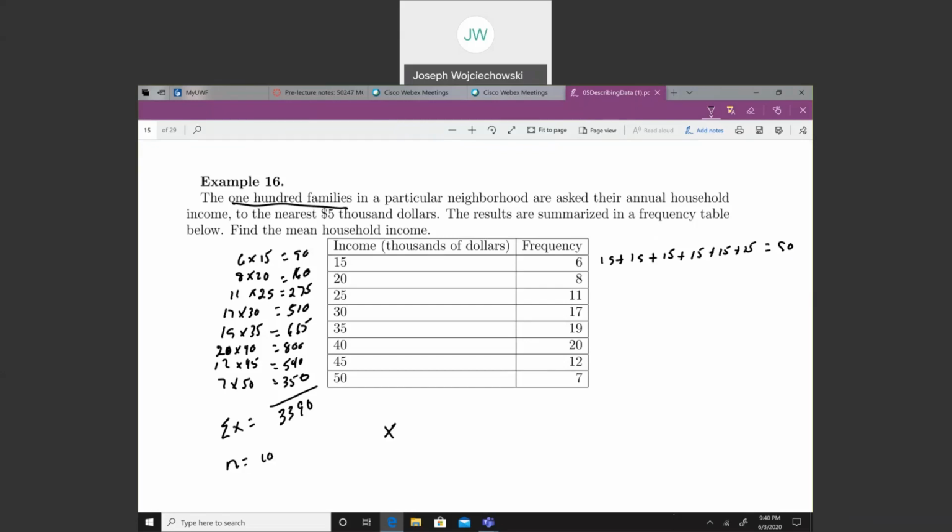So our x bar is equal to 3390 over 100, which is 33.9. And that's thousands. And that is our solution there. Simple enough.